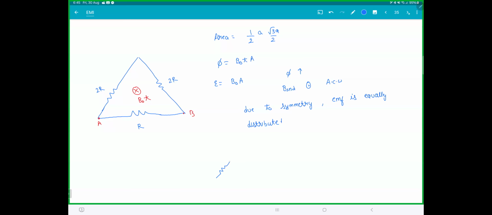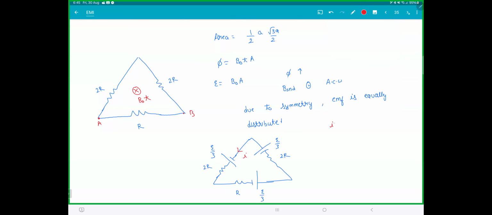So this is the resistance. The batteries will be anti-clockwise. Battery. This is how the circuit would look: E by 3, 2R, R, E by 3, E by 3, and 2R.